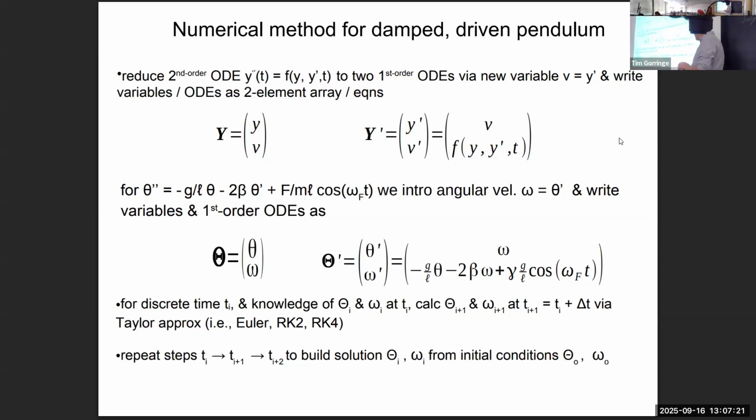So that's basically the plan: construct outwards the solutions to the differential equation from some starting initial conditions for theta and omega. I call them theta naught and omega naught here.